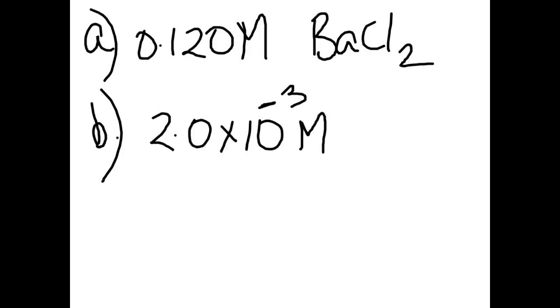And a 2.0 times 10 to the negative 3 molar solution of calcium sulfate. So I'd like you to find the osmolarity of these two solutions. Can you all try that, please?